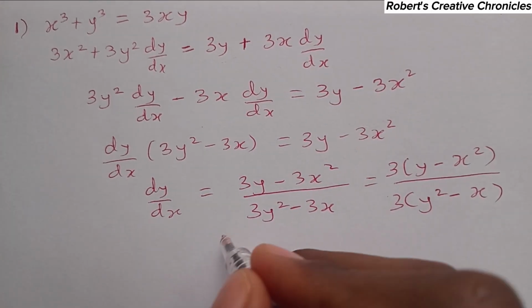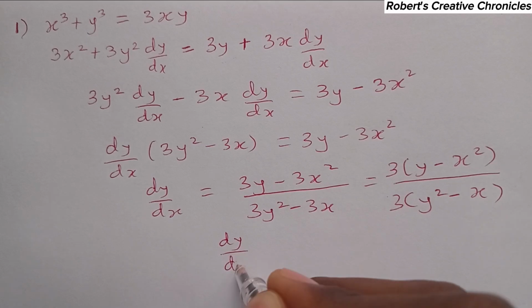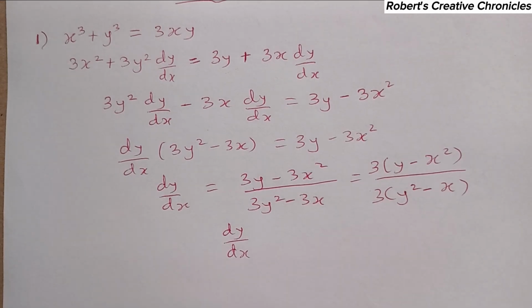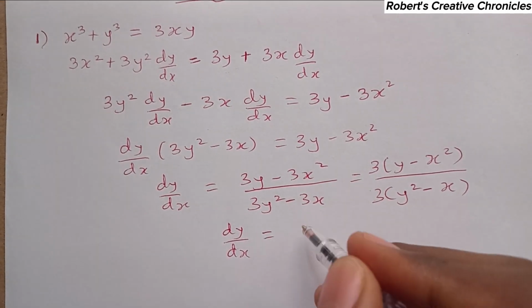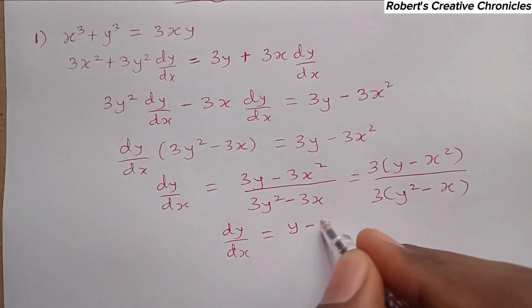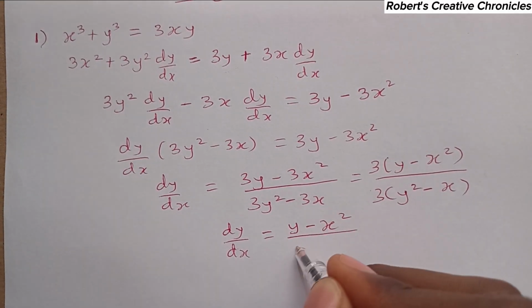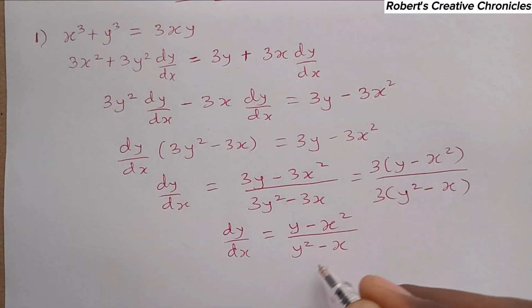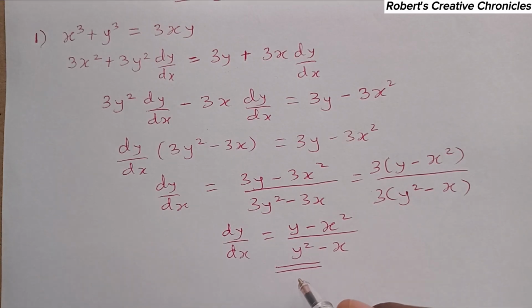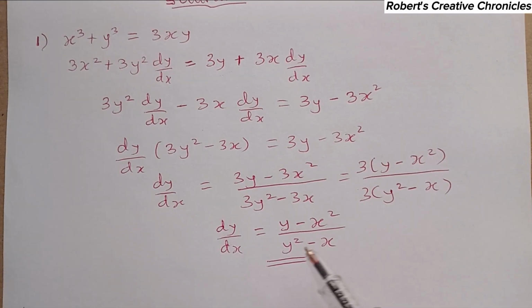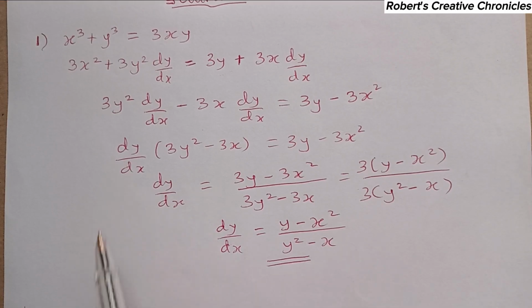So dy over dx is equals to (y minus x squared) over (y squared minus x). This is the final answer for the first one.